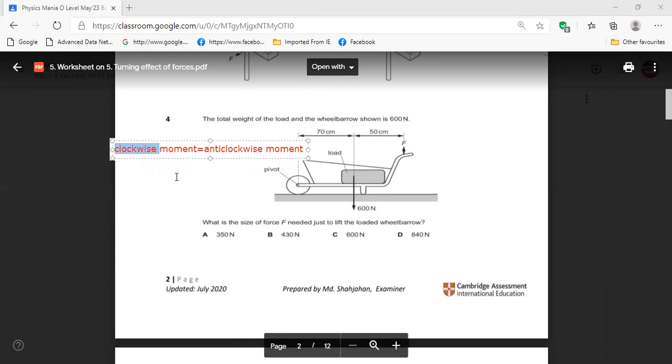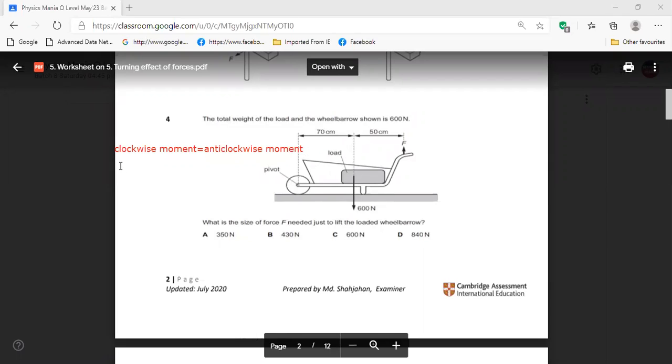Now what is our clockwise moment and what is our anti-clockwise moment? From the diagram we'll check. Our pivot is here, right? And from the pivot, the way this force is working, its turning effect will be clockwise, right? So the clockwise moment will be the product of the force multiplied by the distance from the pivot.